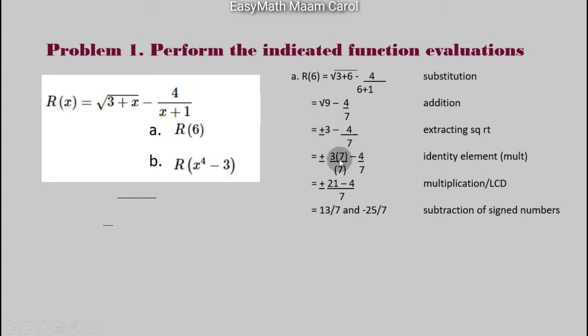Ngayon, dito naman sa susunod natin, ang purpose dito, bakit naglagay ng identity element na minultiply dito sa plus and minus 3, ay dahil gusto nating i-combine yung whole number na positive negative 3 doon sa fraction na 4 over 7. So what we do is find the least common denominator, and this time it's 7.